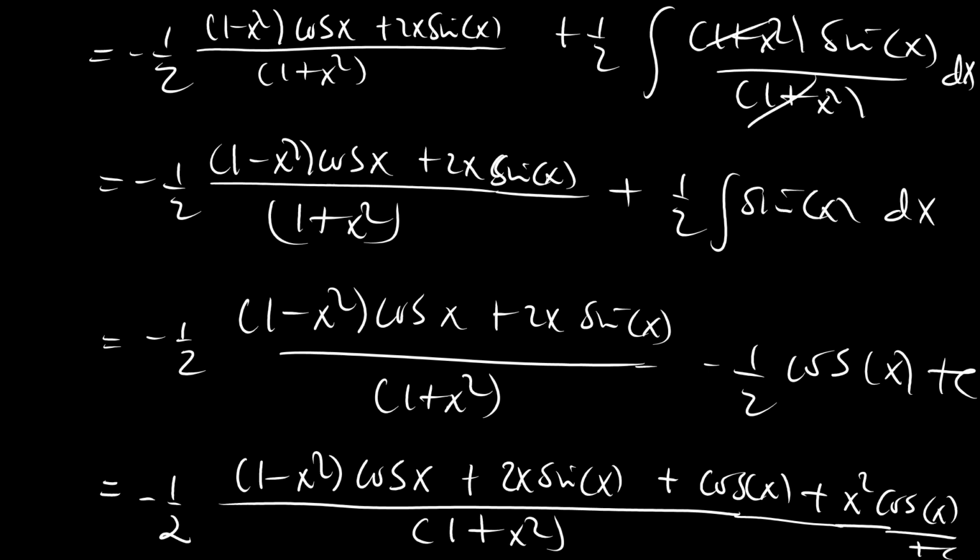And so we see very soon that this and that go, and we have this and that, so we have 2 cosine x, 2x sine x. In other words, we have negative a half.